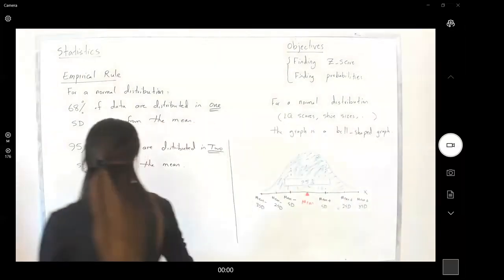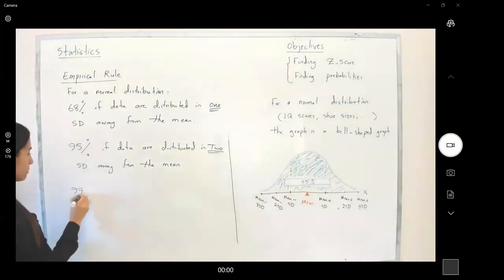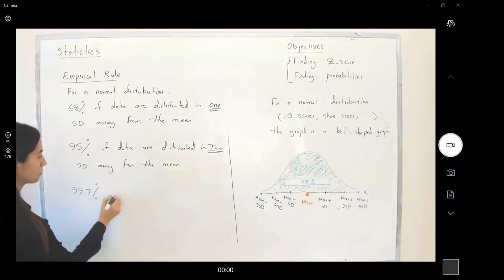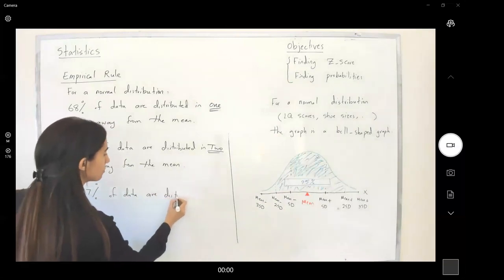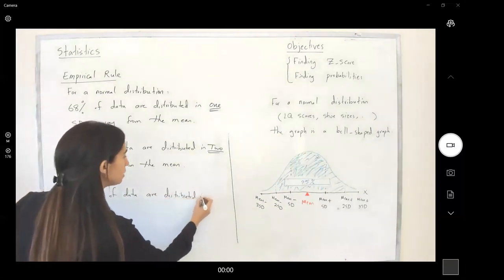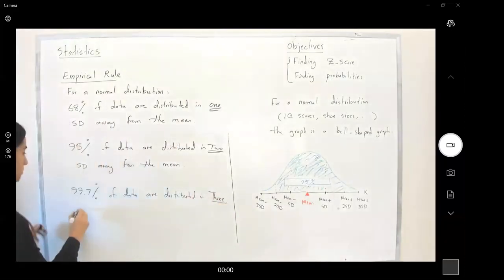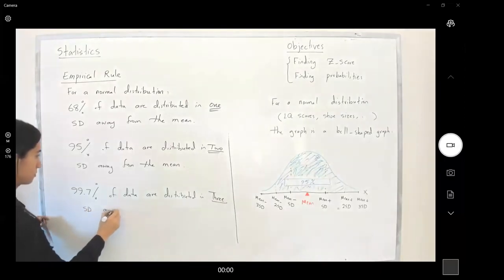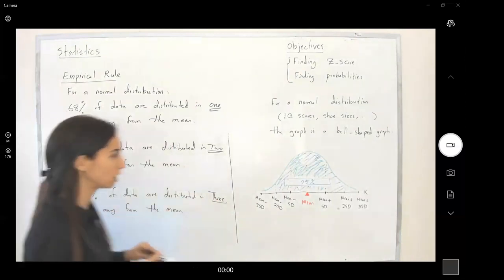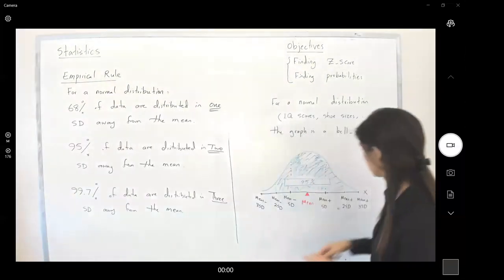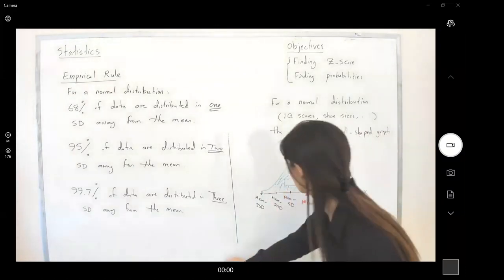And finally, it says 99.7% of the data are distributed within 3 standard deviations of the mean. 99.7% is going to be roughly here.